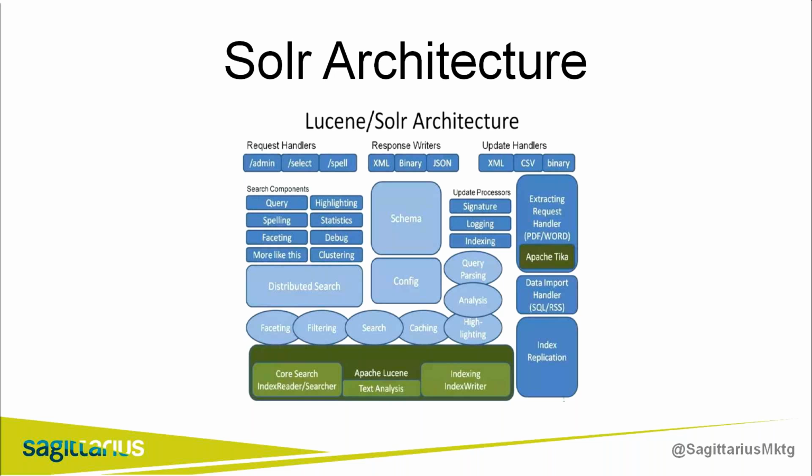From this diagram, you can see that Lucene is just a small part of SOLR. SOLR contains additional request handlers, responses. It contains the ability to replicate an index and other stuff. And now let's go to the differences between Lucene and SOLR.